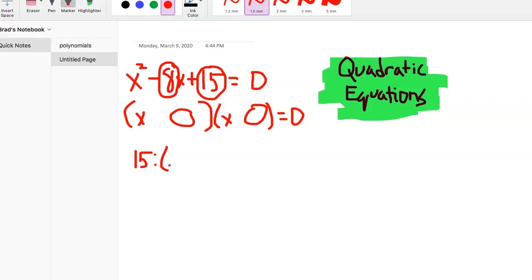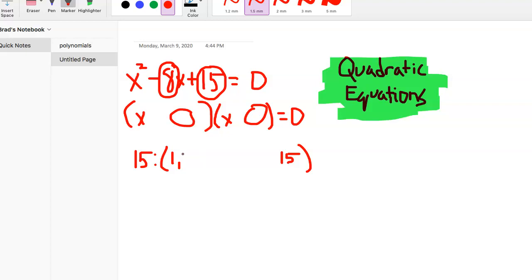What are the factors of 15? I could go 1 times 15 is 15. Given that we have that negative 8, two positive numbers aren't going to add up to negative 8. So at least one of these numbers is going to be negative, and probably both of them.